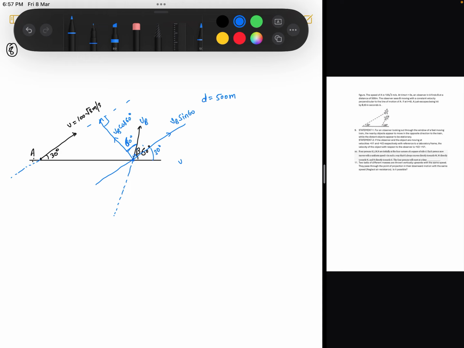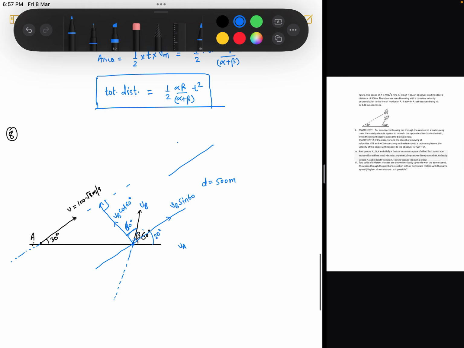So the velocity of A, if I suppose this is the coordinate system I am defining, this is the x-axis and this is the y-axis.